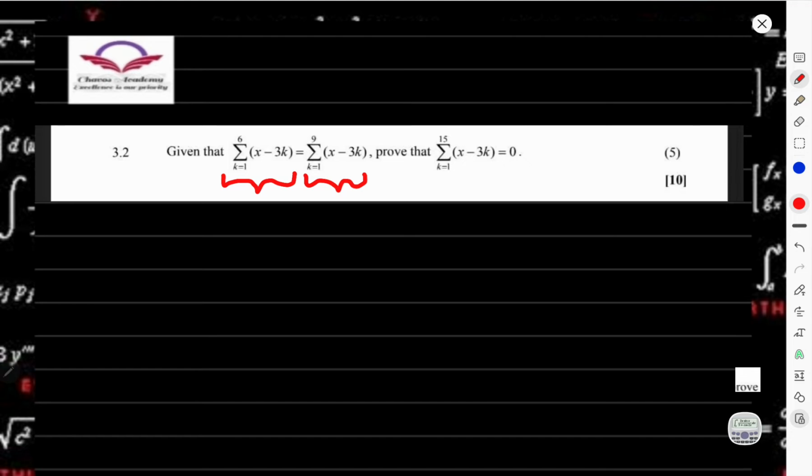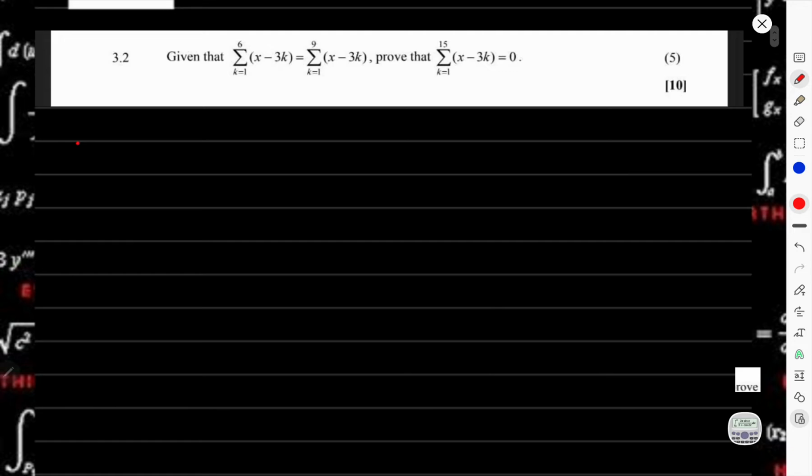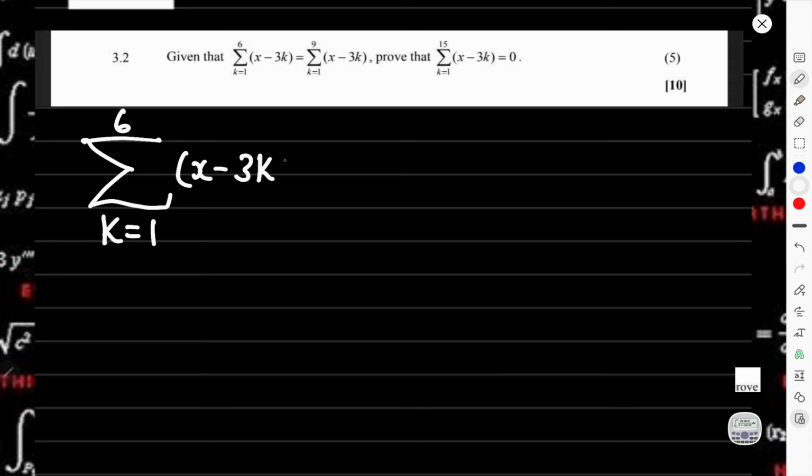Okay, let's see. When you start with the first one, which is the sum from k equals 1 to 6 of x minus 3k, we can expand first, as if we're going to calculate the sum of a certain number.